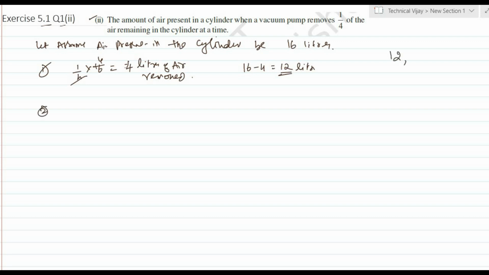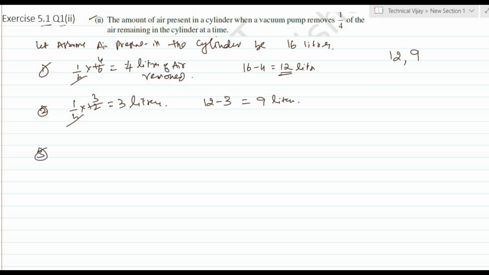In the second instant, 1/4 of the 12 liters is again removed. 4 threes are 12, so 3 liters will be removed. Whatever is present, 12 minus 3, is equal to 9 liters. So the next one will be 9 liters.